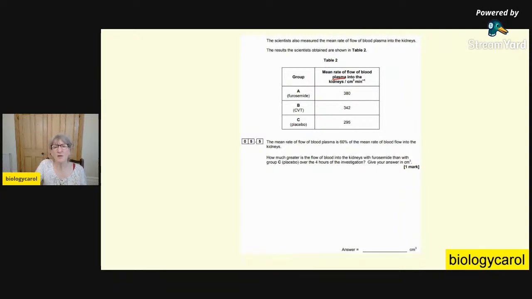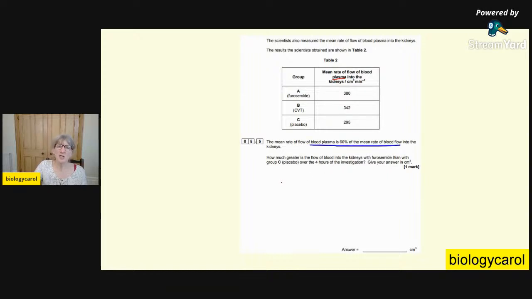The mean rate of the flow of blood plasma is 60% of the mean rate of blood flow into the kidneys. Thanks for that. Okay, so this is 60% of blood flow. How much greater is the flow of blood into the kidneys with furosemide than with placebo over 4 hours? Give your answers in centimetres cubed. Here are your units, just a volume.